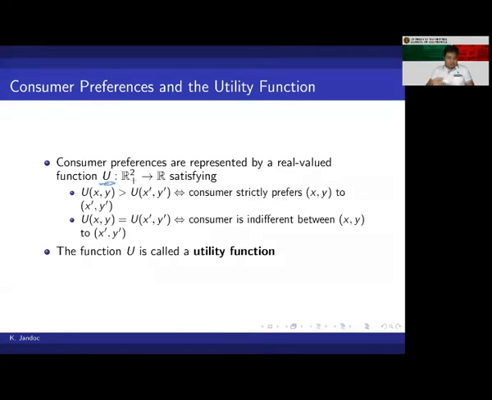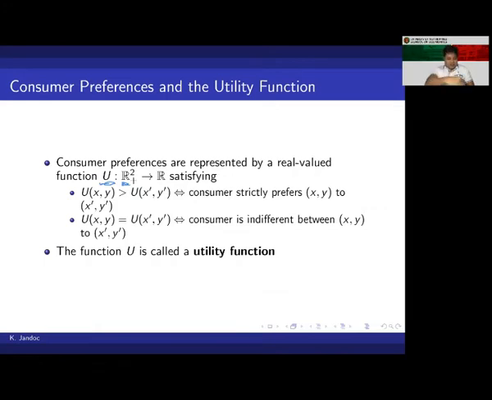Since there are two goods, it maps consumption of those two goods to a number. It spits out a number, and that number reflects the utility or the satisfaction that the consumer has over those bundles.